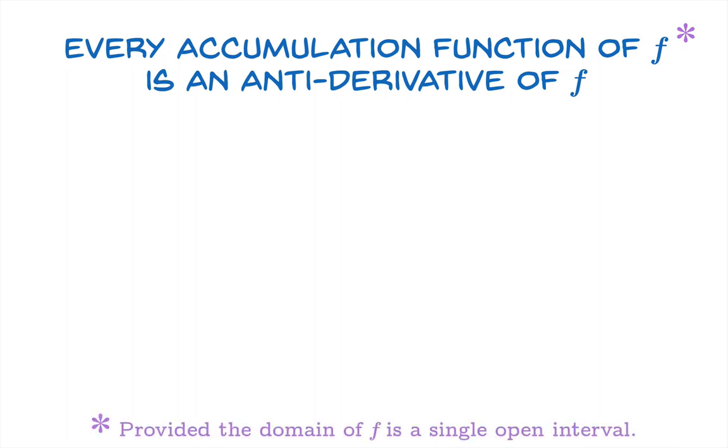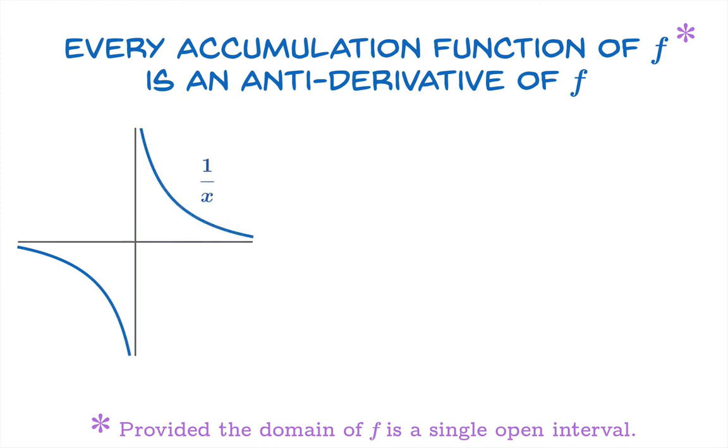Now, there's a caveat here. There's really a detail that we need to worry about. This statement's true only provided the domain of f is a single open interval. If the domain of the integrand function is the union of two or more disjoint intervals, then you might have a problem. So for example, here's the reciprocal function. We could use the reciprocal function to build an accumulation function. Let's call it f.